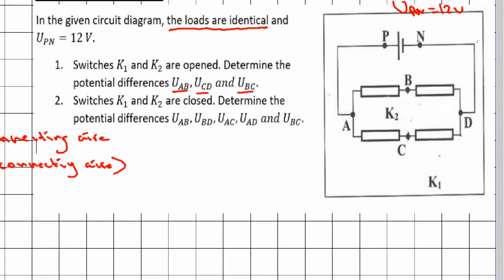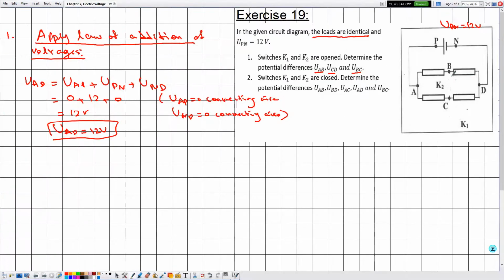If UAD is equal to 12 volts and these two loads are identical, let's suppose that this is D1, D2, D3, and D4.